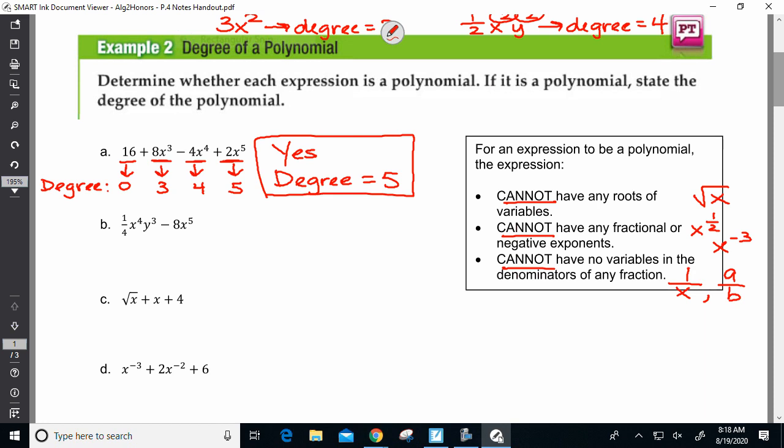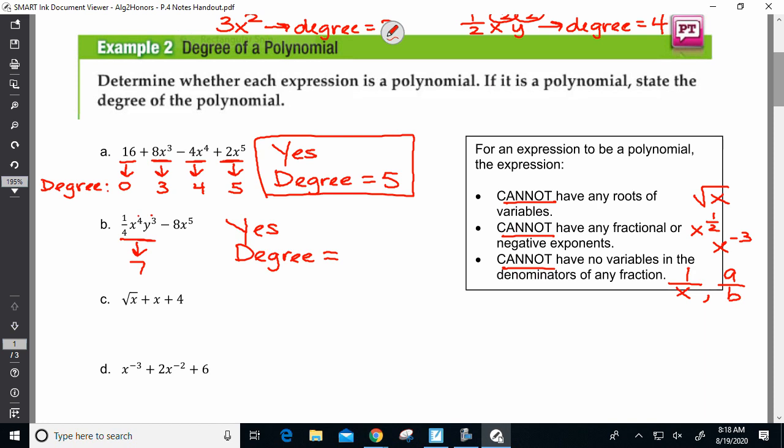So part B. 1/4 x to the fourth y to the third minus 8x to the fifth. There's no roots, there's no exponents that are fractions or negative, there's no variables in the denominator. So this is yes, it is a polynomial. Now we look for the degree. The first term, the degree is 4 plus 3, so that's 7.